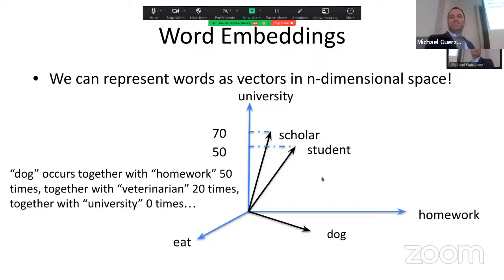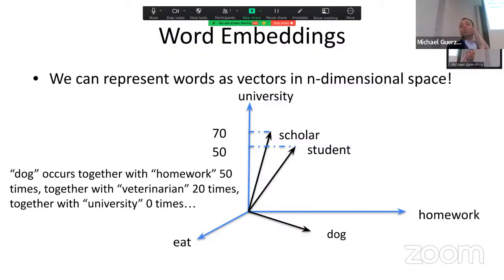Okay, it's an example. The hope would be that something like student and scholar would, if you look at them as vectors, appear together with different words, maybe not the same amount of time, but an amount of time that's proportional to each other.